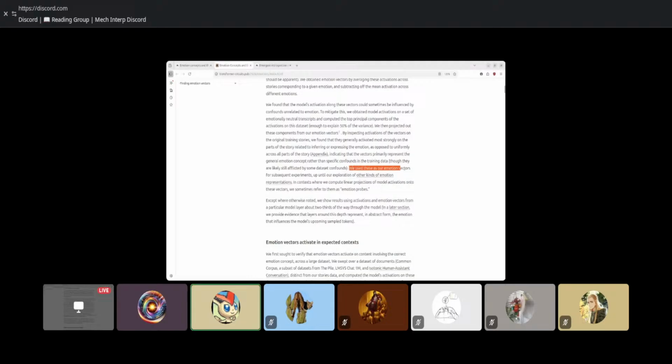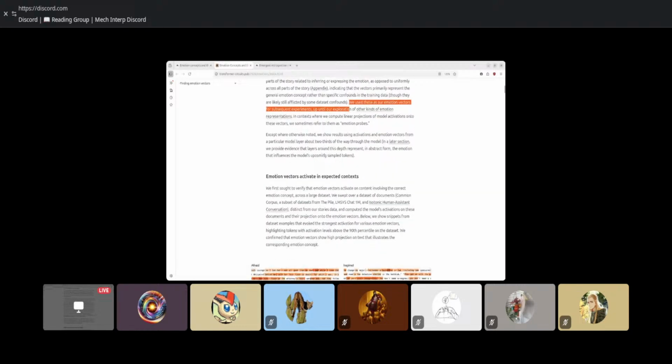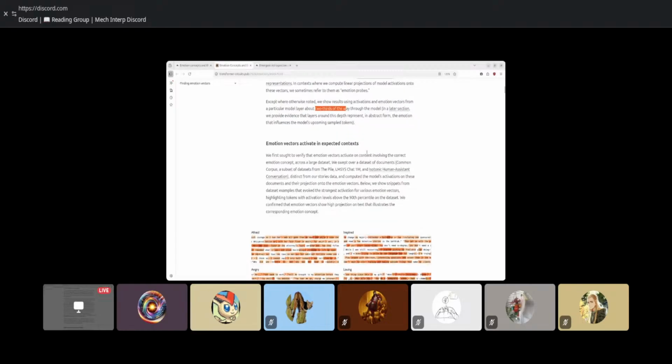So we use these experiments. Yeah. Two-thirds of the way through the model. Yeah, I would expect disentanglement.